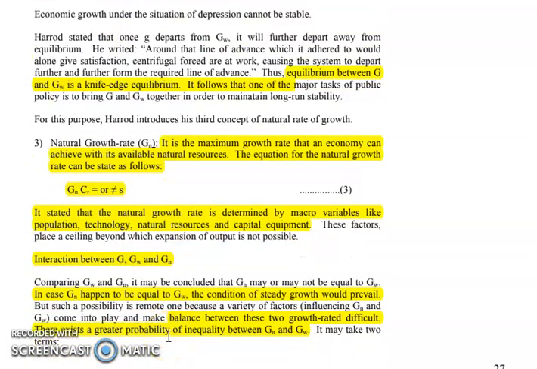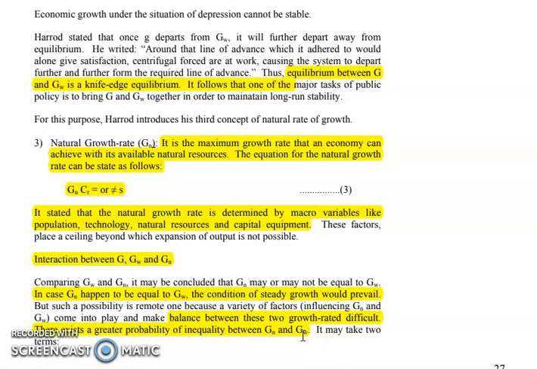Then, the interaction between G, GW and GN. By comparing GW and GN, it may be concluded that GN may or may not be equal to GW. In case GN happens to be equal to GW, the condition of steady growth would prevail. But such a possibility is remote, because a variety of factors come into play and make the balance between these two growth rates difficult.